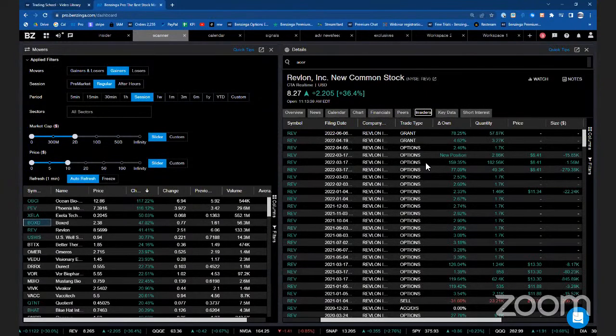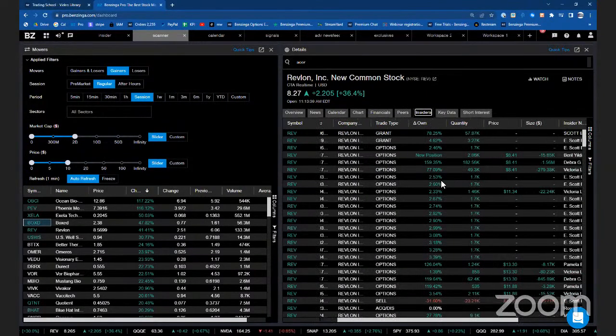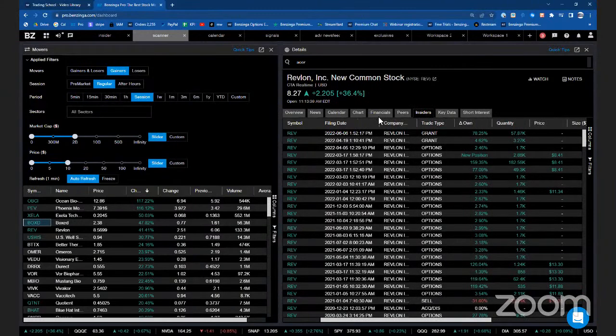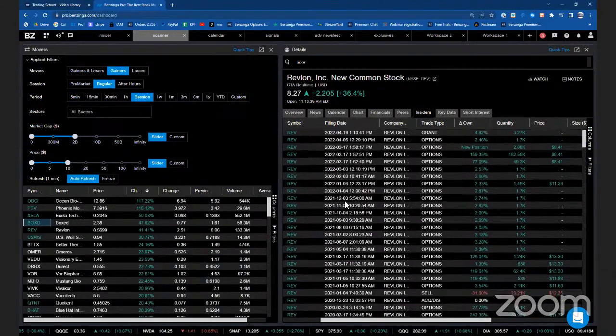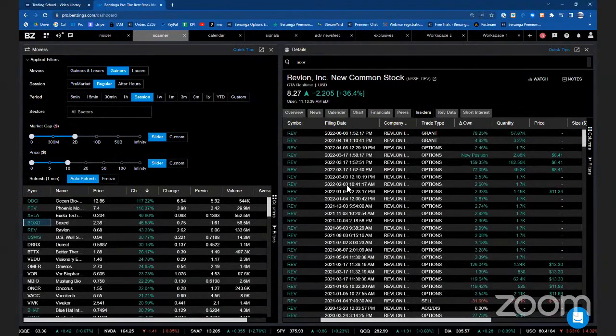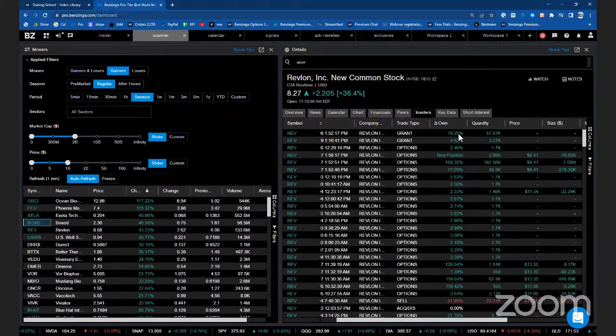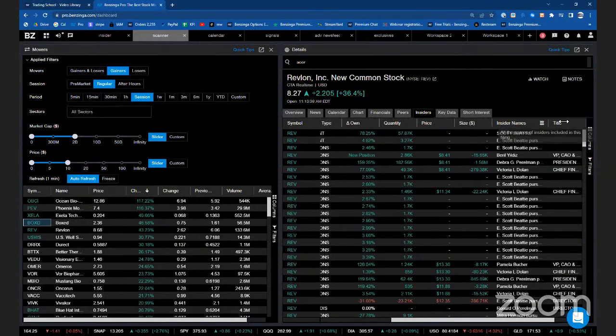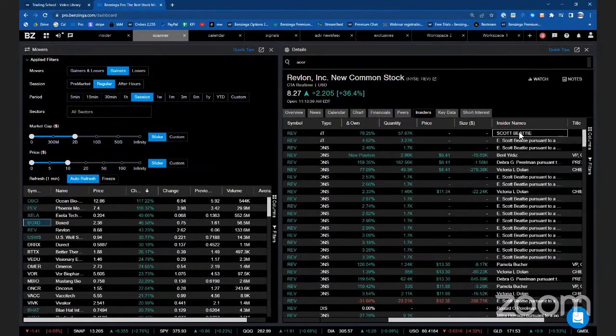Now, the other stuff I want to highlight here is the insiders tab. I'm looking at the insiders tab, and I'm just going to see something here. These are the most recent transactions made. It looks like there's been a lot of adding here, but the most recent one, on June 6th, looks like there was a grant of 57,000 shares to Scotty Beatty.